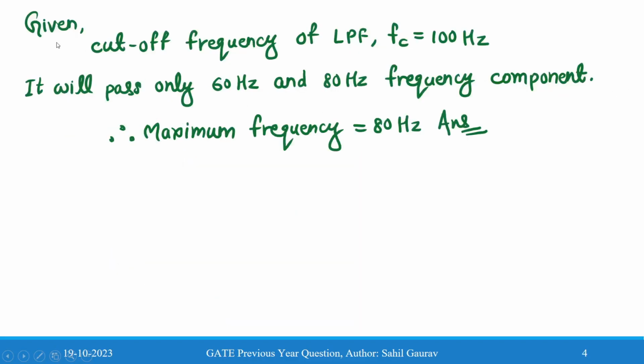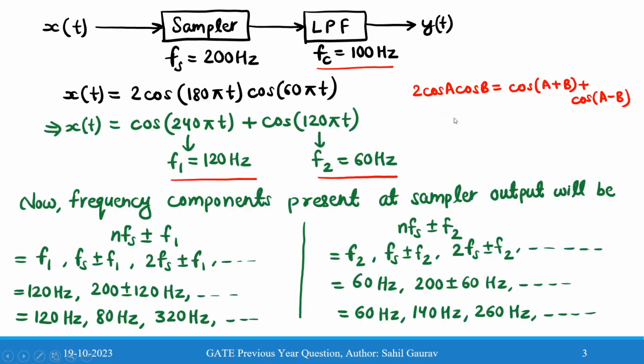Now it is given that the cutoff frequency of the low pass filter is 100 Hz. So it will pass only the 60 Hz and 80 Hz frequency components. The 120 Hz component will not pass through the filter, and the others will also not pass.